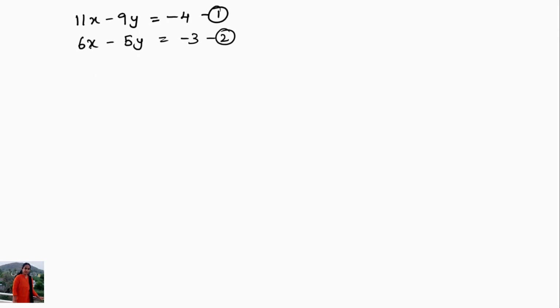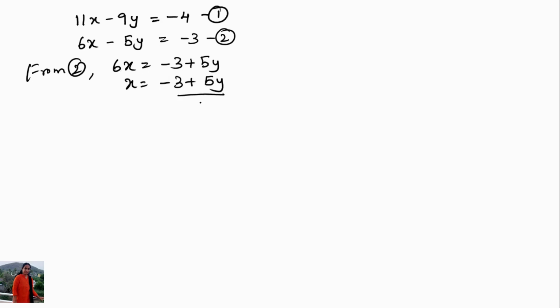Suppose I use the value of x from 2: 6x equals minus 3 plus 5y, then x equals minus 3 plus 5y divided by 6. So this is the value of x.